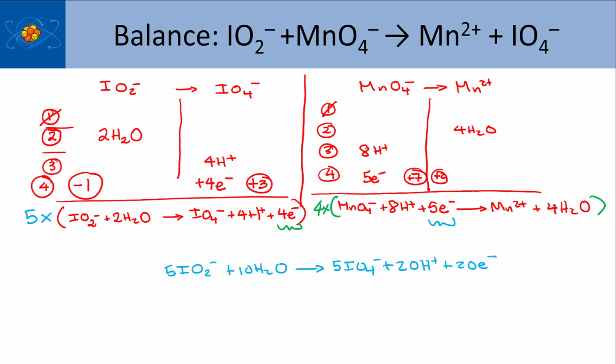And then I'm going to do the next line. It'll be the other reaction multiplied out, so it's going to be 4 times MnO4, so 4 MnO4s. I'm going to write it a little bit higher because I do still need to combine them.